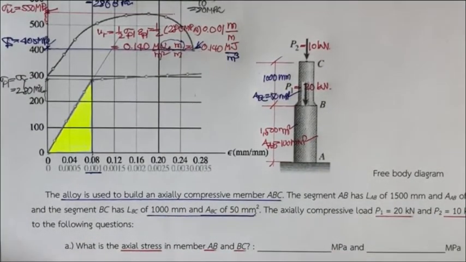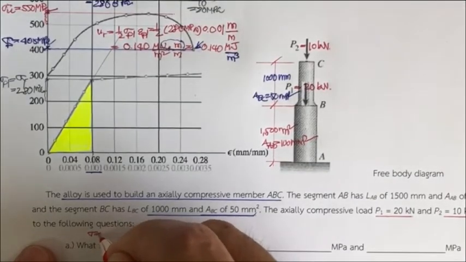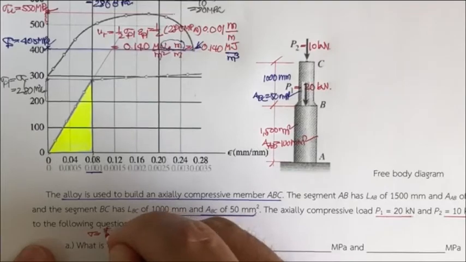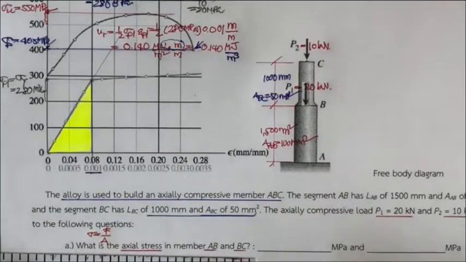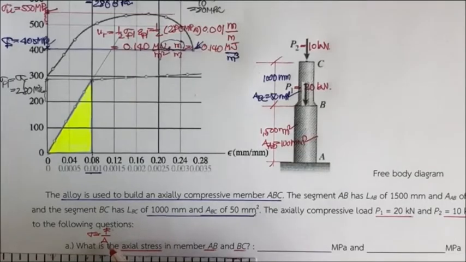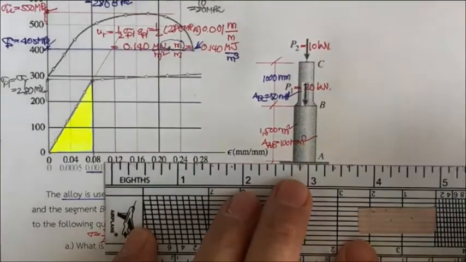To determine axial stress, you may recall that we have sigma equal to force divided by the area, the internal force divided by area. So we need to draw the free body diagram of this structure.